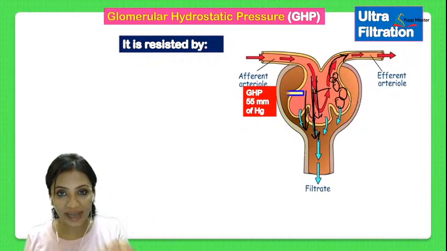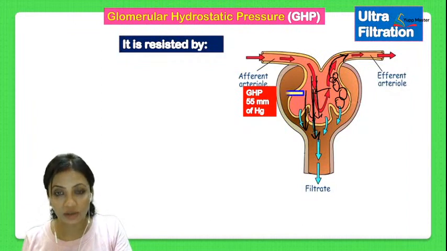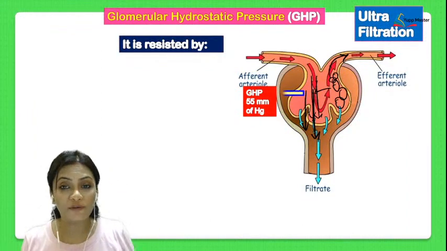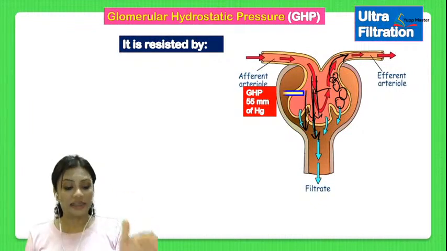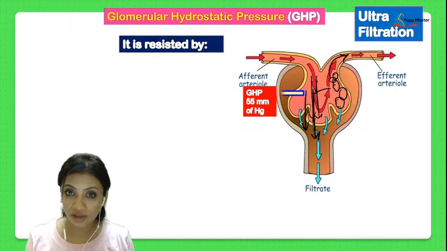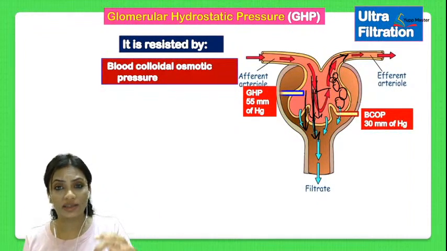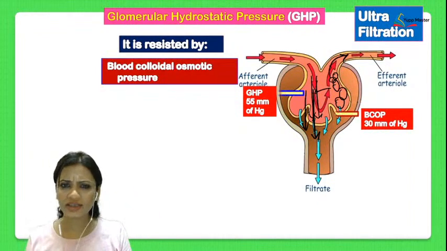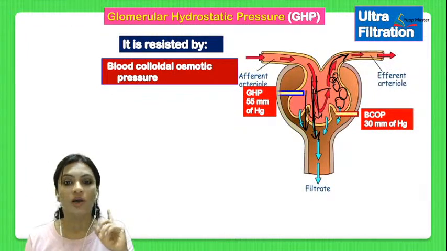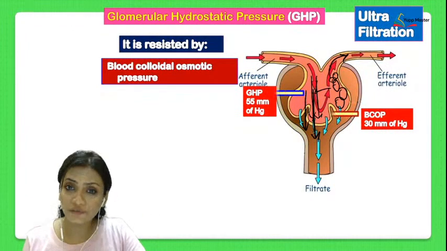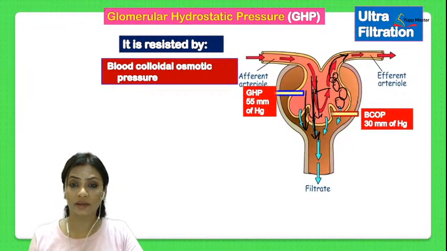So whenever solid molecules are putting a pressure on liquid molecules, which type of pressure did I call this? Didn't I call it an osmotic pressure? Yes. So blood colloidal osmotic pressure. What is this? Big word? Not at all. We learned these three words. Colloidal osmotic pressure. Which is the fluid we're talking about? We're talking about blood.